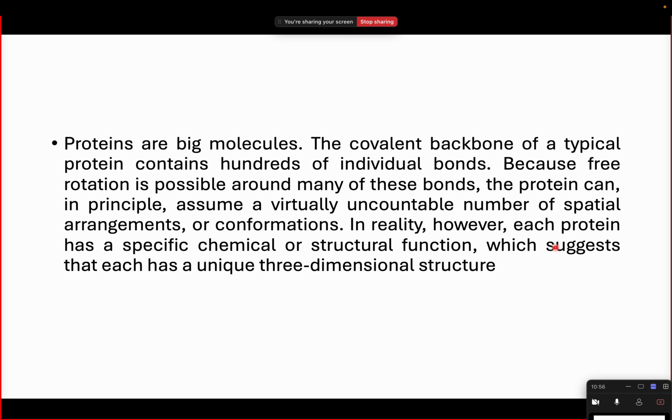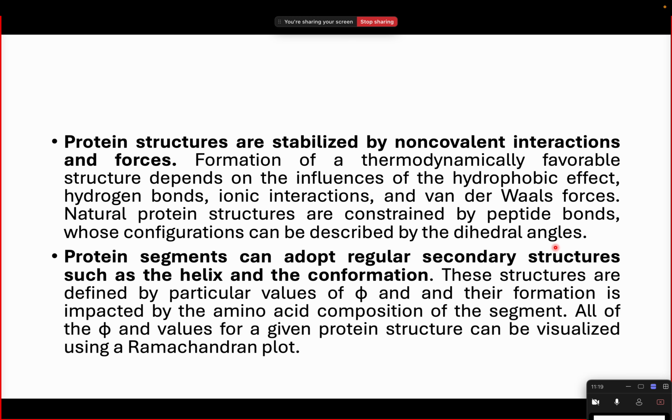Though all the conformations of the atoms around the bond are possible, due to energy clashes or steric clashes, not all the structures are stable at room temperature or pressure, or the conditions in which we are thriving. Okay, so only a limited number of secondary structures are possible and they exist in the system.